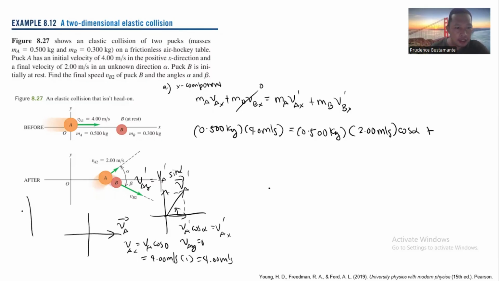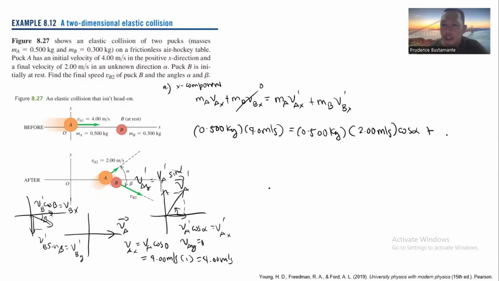In this equation, for B we have beta: VB prime cosine of beta is VB prime x, and it also has a y component, VB prime sine of beta. This is VB prime y.